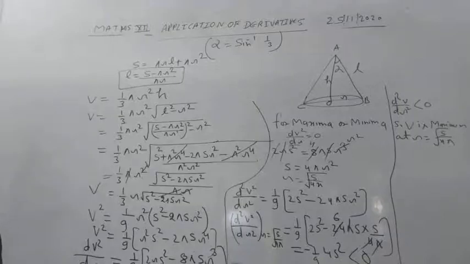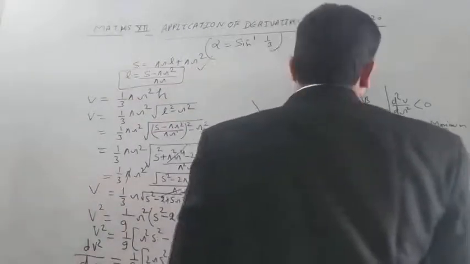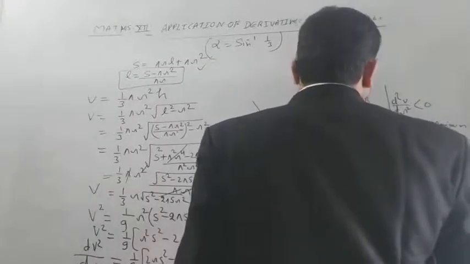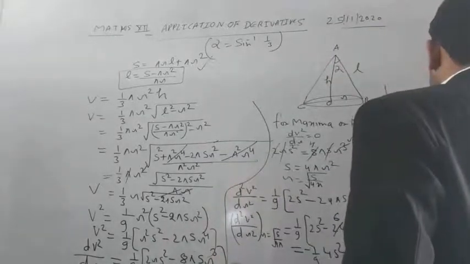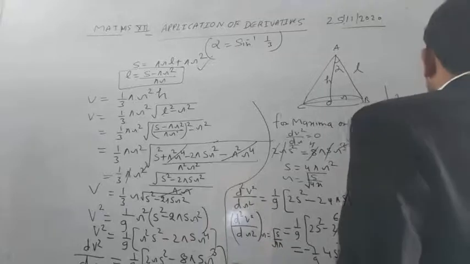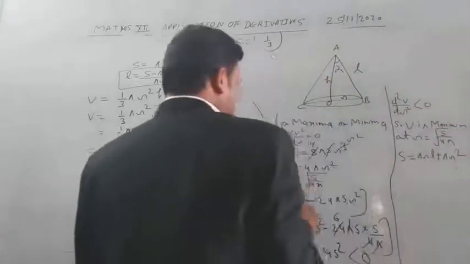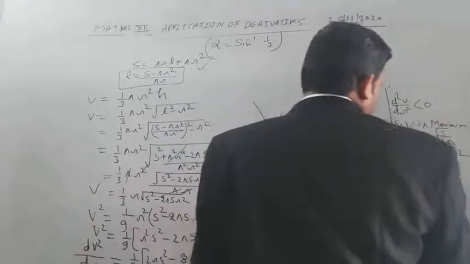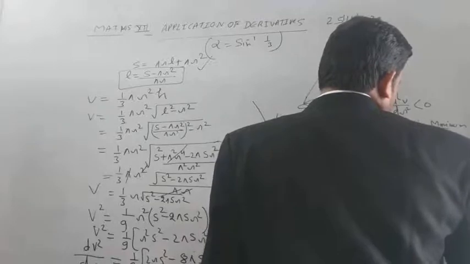we will put the value of S equal to 4 pi r square in here. So S is what? S is 4 pi r l plus pi r square.